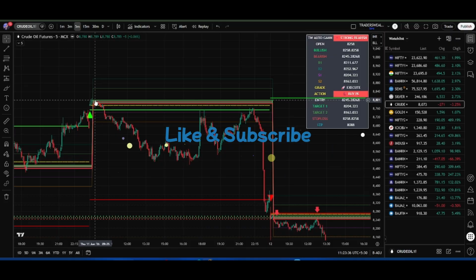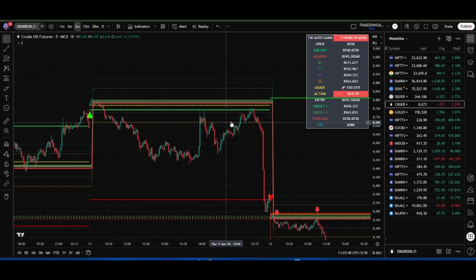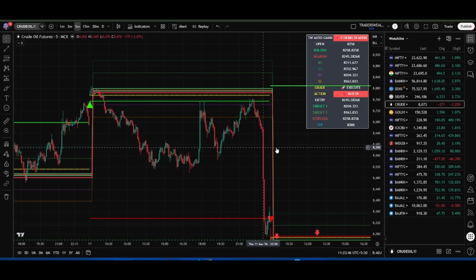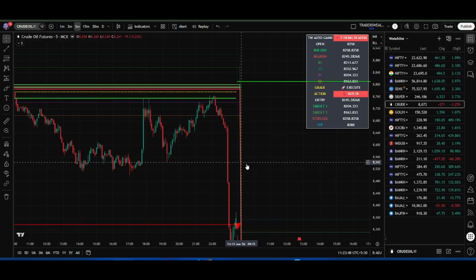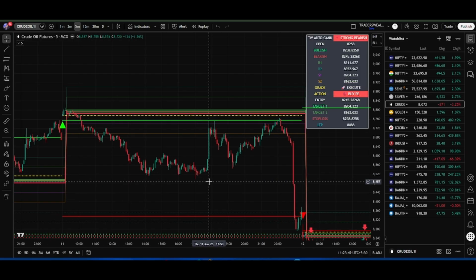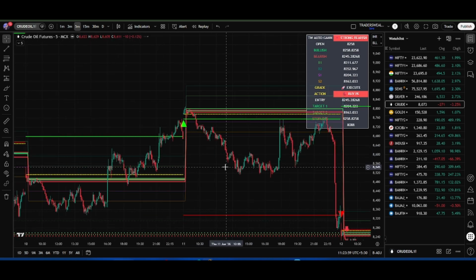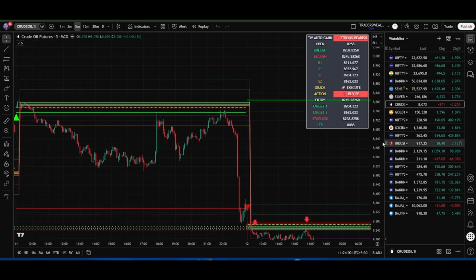On Thursday the 11th of this month, you can see there were no green candles above that. These are the landmarks of all the indicators and instruments. You will come to know from where the market will go up, from where the market will go down, and what the retrace point is. I'll explain it to you, and I'll give you training if at all.